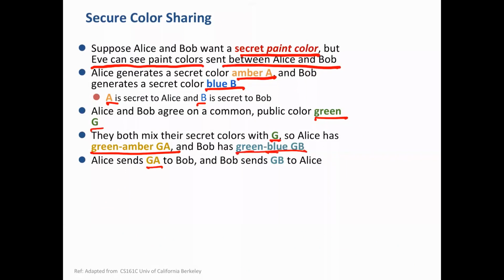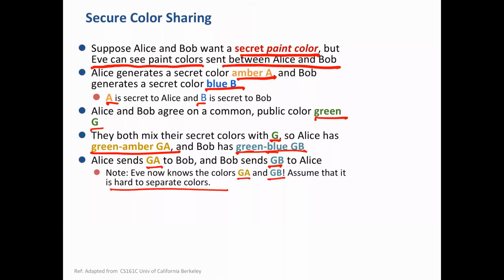Now Alice sends GA to Bob, and Bob sends GB to Alice. Eve is looking at the colors in between, and she will see GA and GB. Now these colors are very hard to separate. She will try everything, but she cannot separate them out.